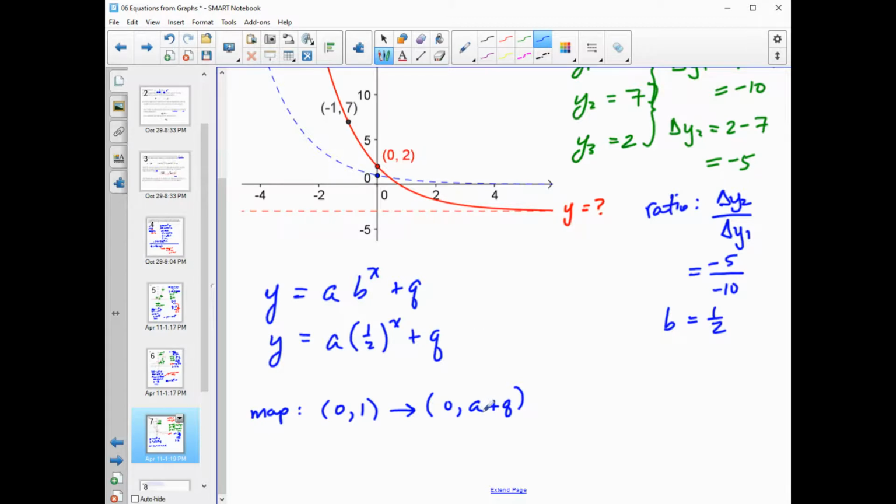So that tells us that a plus q must be equal to 2. Actually, you know what? Even that on its own is not going to tell us enough. So even though we could use the mapping rule there, I think it is better for the sake of consistency. Because we have two unknowns, we need two equations.